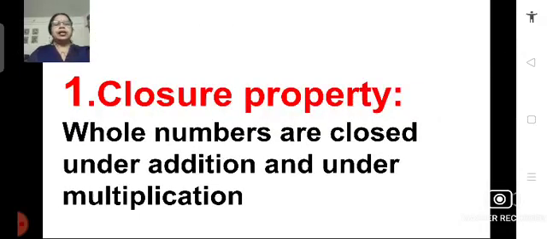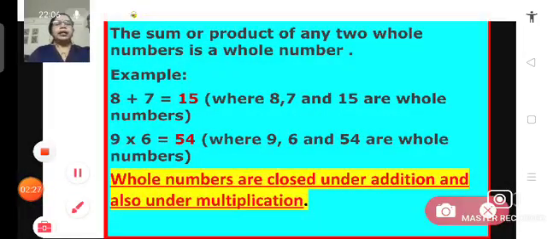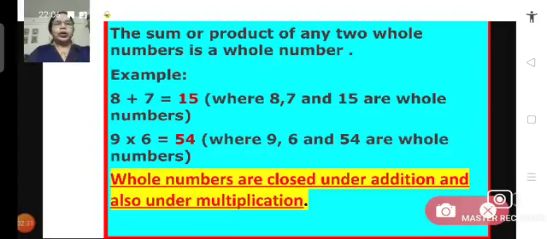Children, we have learnt that whole numbers are closed under addition and under multiplication. So what does that mean? It means that when we add or multiply two whole numbers, we get the result as a whole number. The sum or product of any two whole numbers is always a whole number.